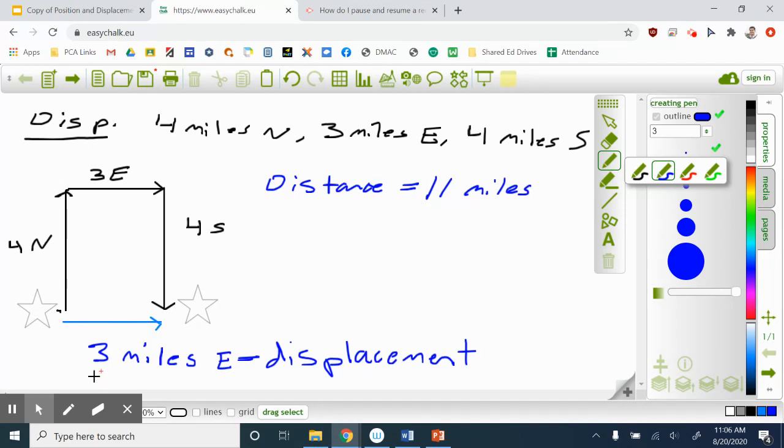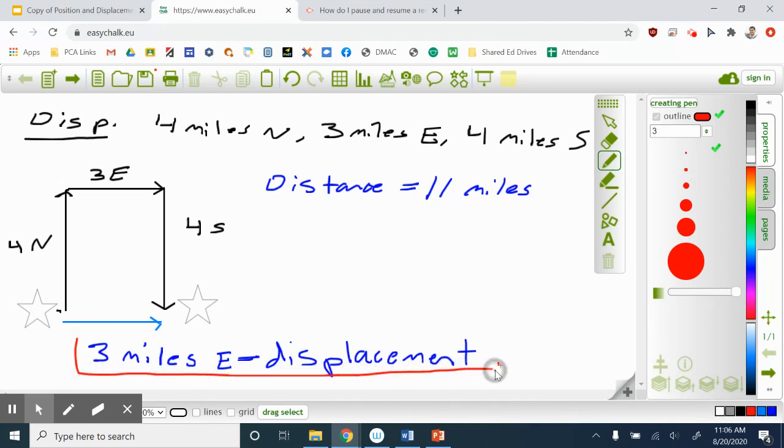In physics, we're going to make sure we box our answer. And there you have it. Our total displacement is 3 miles east because we started here and ended up here. As you can see, he only actually went 3 miles from his starting point. And that's the difference between distance and displacement. Distance was 11, displacement was 3 miles.